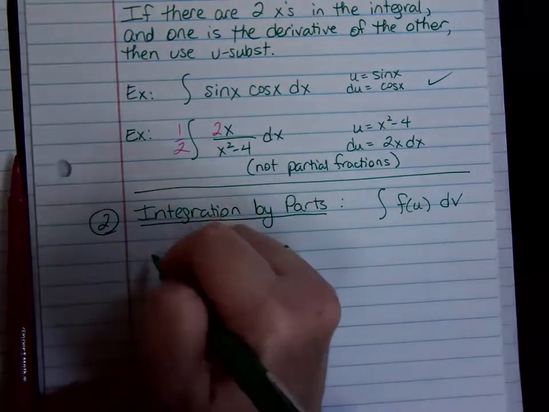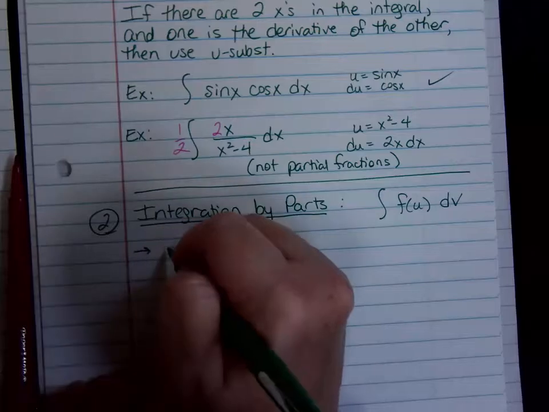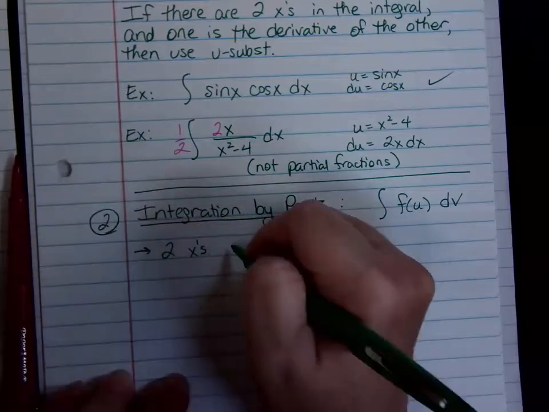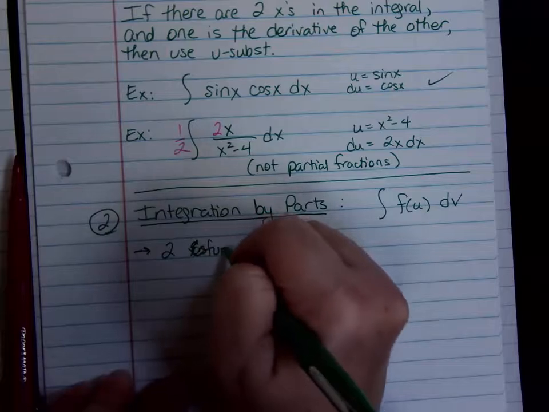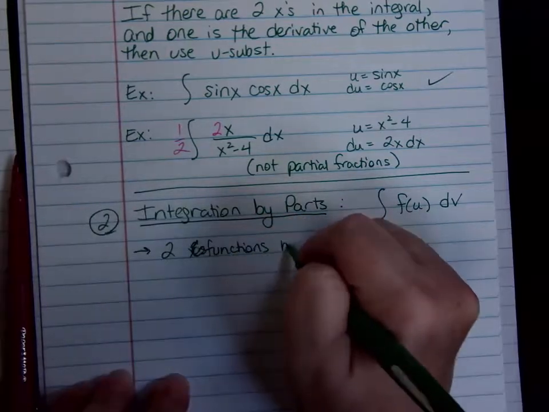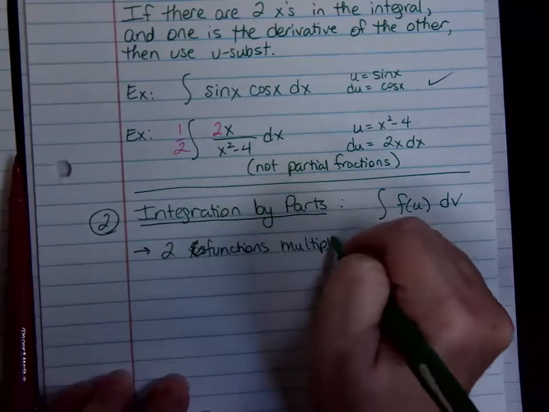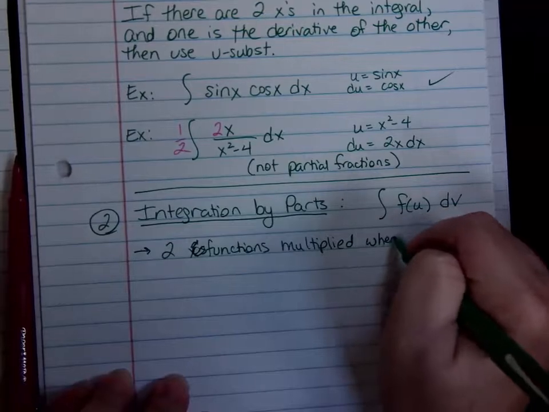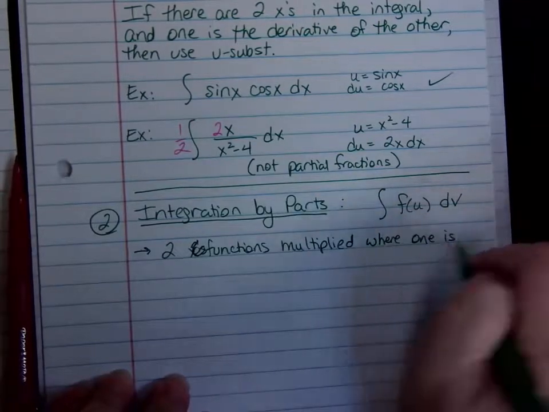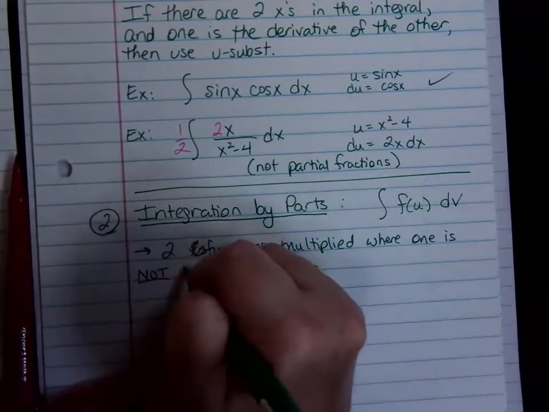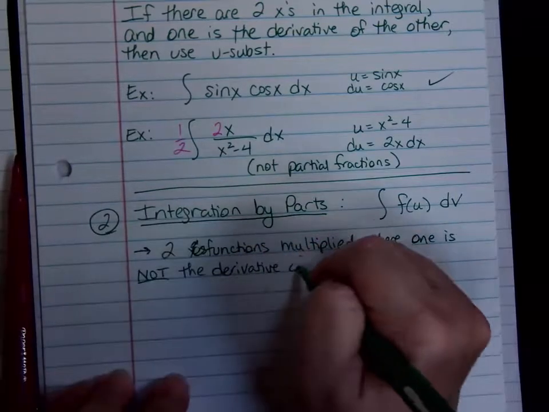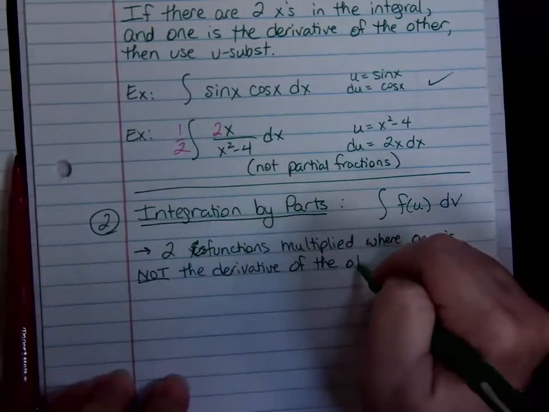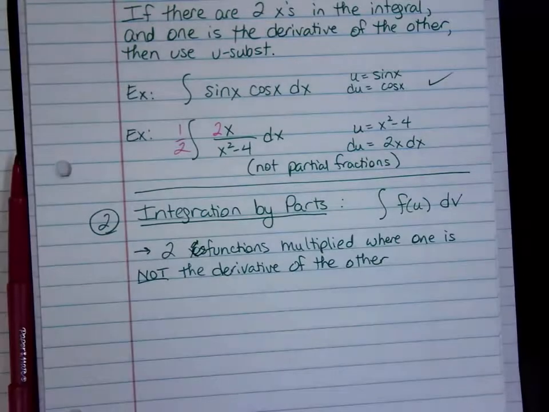This is the situation where we have two x's, or two functions. Let's change this to functions. Two functions multiplied where one is not the derivative of the other.